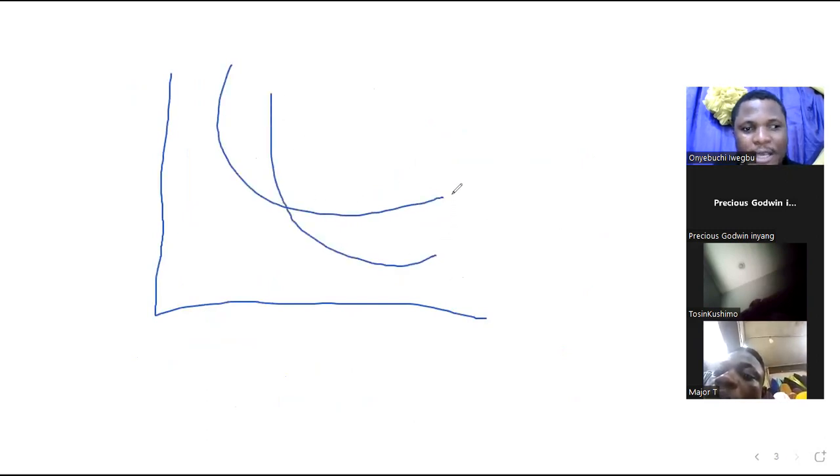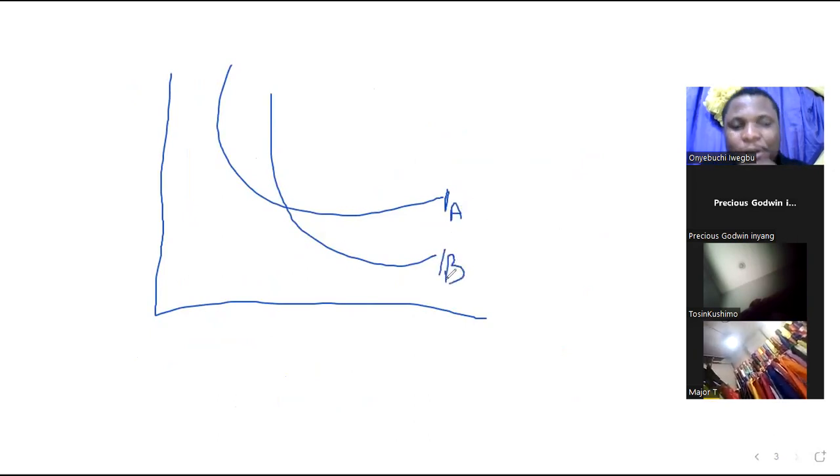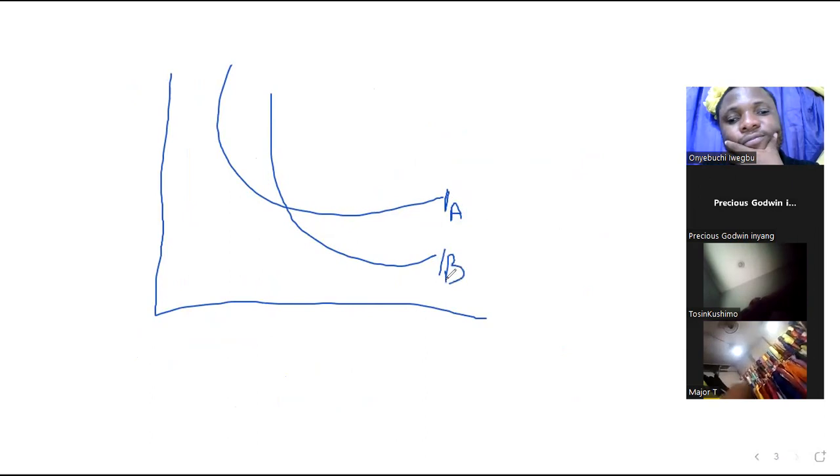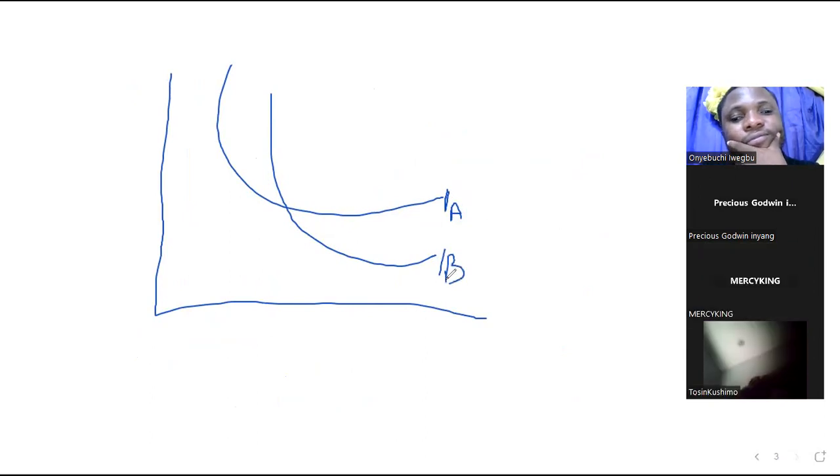It's wrong. I cannot say this is indifference curve A. This is indifference curve B. Can anybody tell me why I cannot say that? Because they don't have the same level of satisfaction, sir. Exactly.